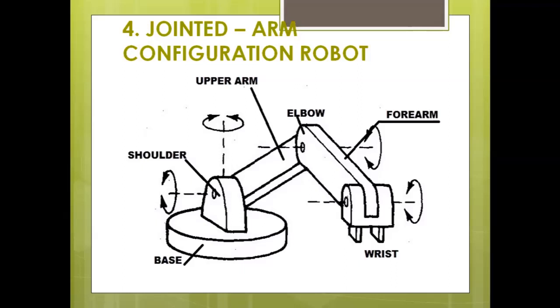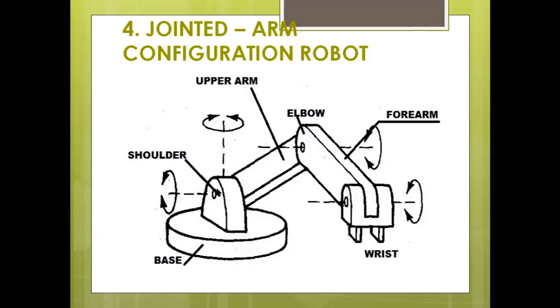In our hand we have an elbow, that is the joint between the upper arm and forearm. Then this forearm is connected to the wrist by using another joint. Here we are using all rotary joints, not any sliding or linear joints.